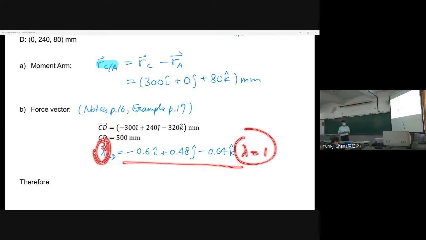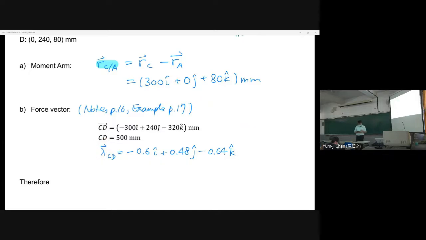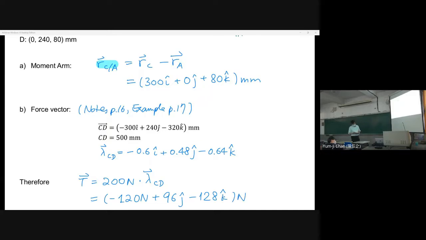Therefore, T is equal to 200 newtons times lambda, which simplified is equal to minus 120 i plus 96 j minus 128 k newton.